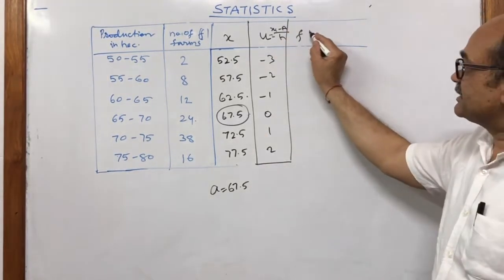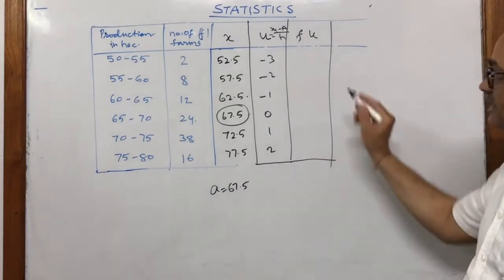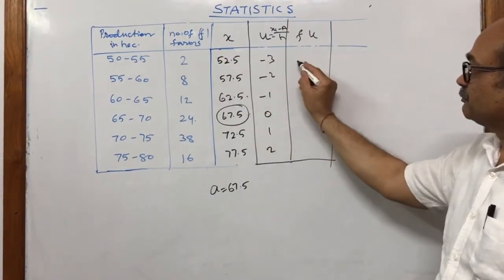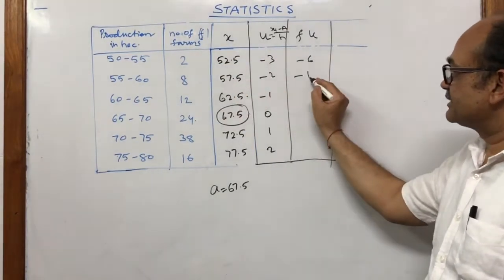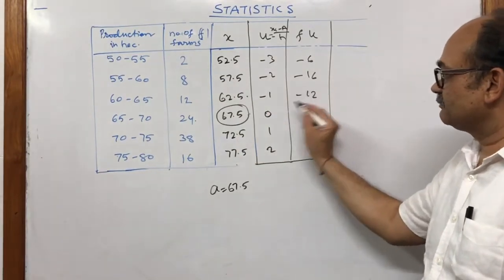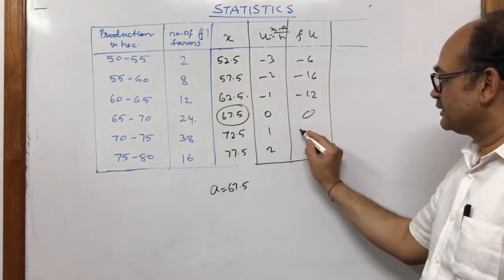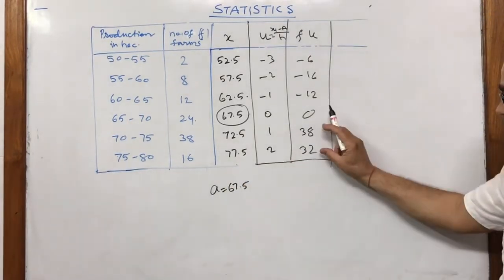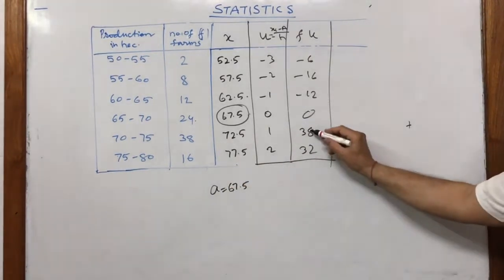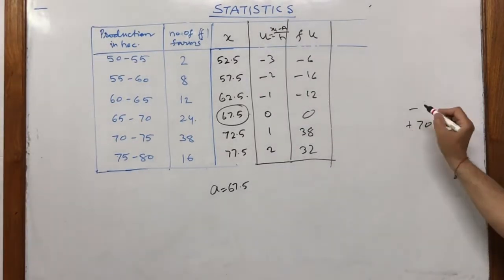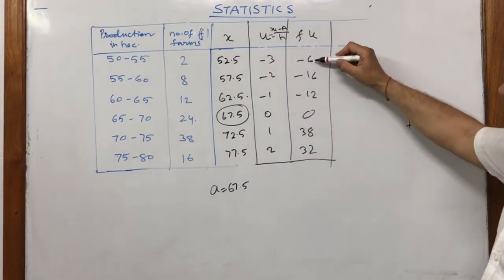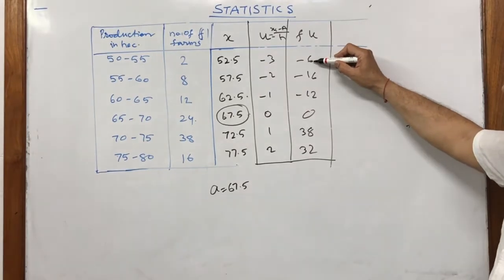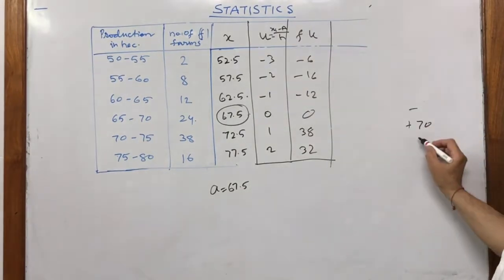The next step is fu. F multiplied by u: -6, -16, -12, 0, 38 and 32. Total of positive numbers we have 70, and total of negative 16 and 6, 22, 22, 24, 34.